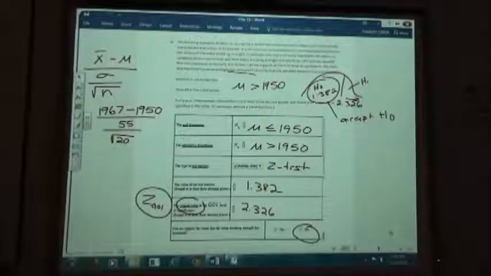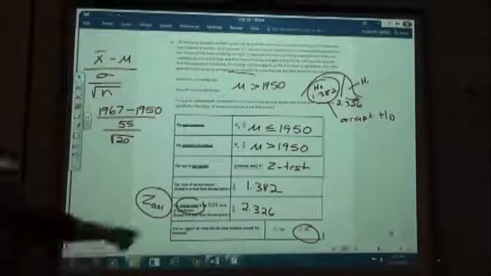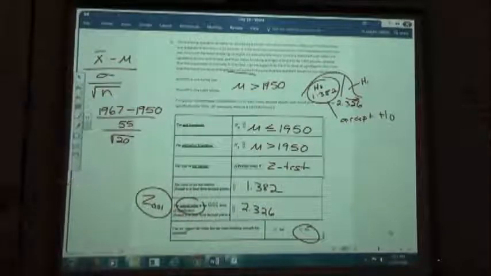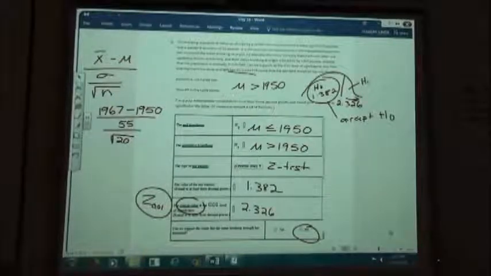we're going to do stat, we're going to cursor over to tests, and we're going to do the stats because we know the statistics on this one. It's already probably highlighted because we did stats on the previous one. Our given mean was the 1950. Our standard deviation was the 55. Our sample mean was the 1967.